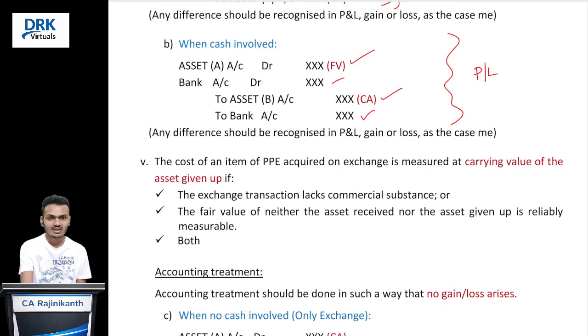For suppose, the exchange transaction does not have commercial substance, but fair value can be measured reliably. Or our exchange transaction has commercial substance, but the fair value of either of those assets cannot be measured reliably. If either of these two conditions is not satisfied, in that case, the standard is saying do the accounting in such a way that no gain, no loss should be recognized.